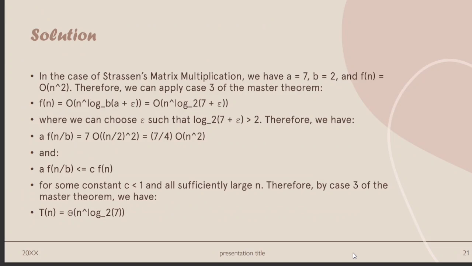In the case of Strassen matrix multiplication, we have a equals 7, b equals 2, and f of n equals order of n to the power 2.